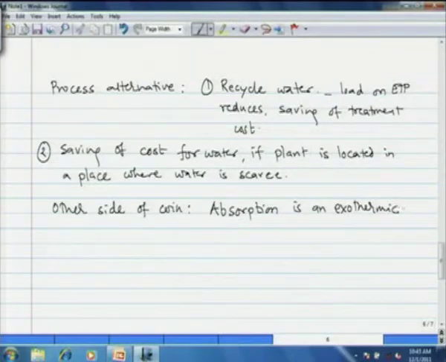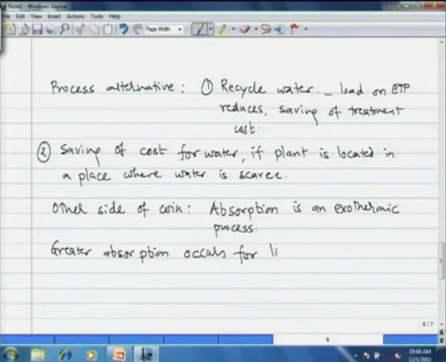Any solute that dissolves in a solvent liberates the heat of dissolution. Therefore, greater absorption occurs for lower solvent temperatures.